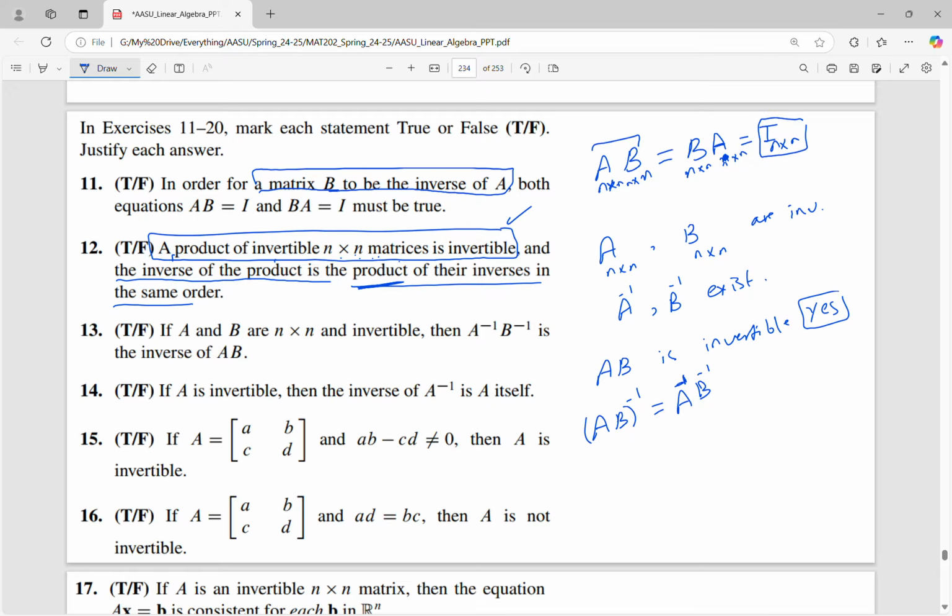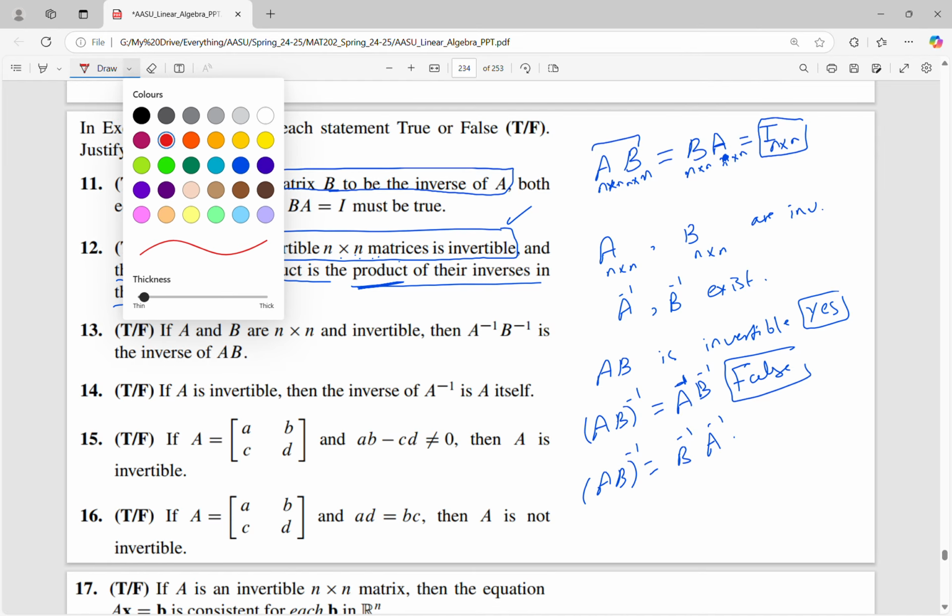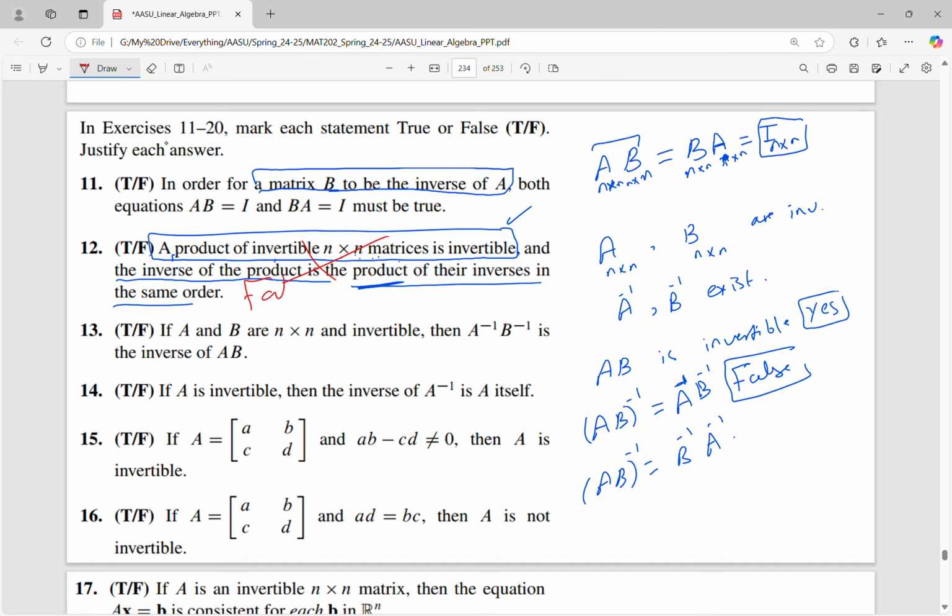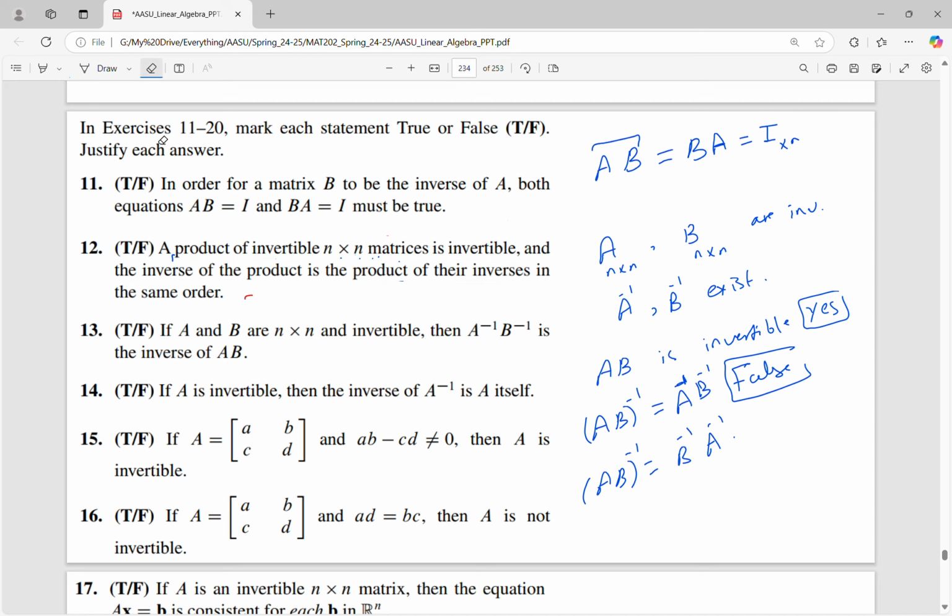Is this correct? No. We know from class that when we find the inverse of a product, we reverse the direction, the order of the multiplication. So is the statement true or false? It is false. The first part was correct, but then it continues with a wrong argument, which means the statement as a whole is wrong. It's false.